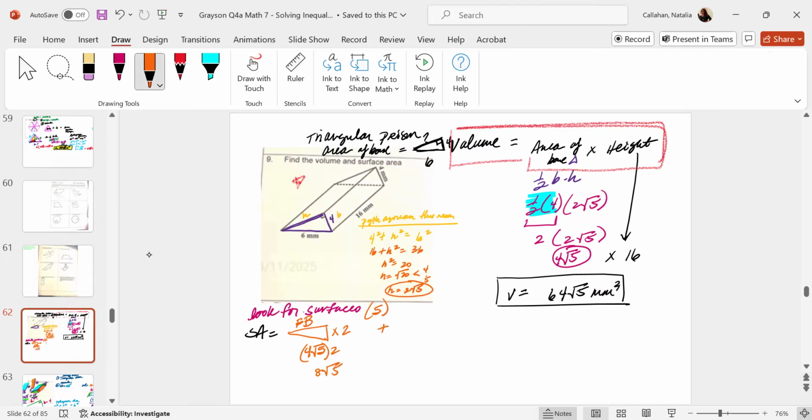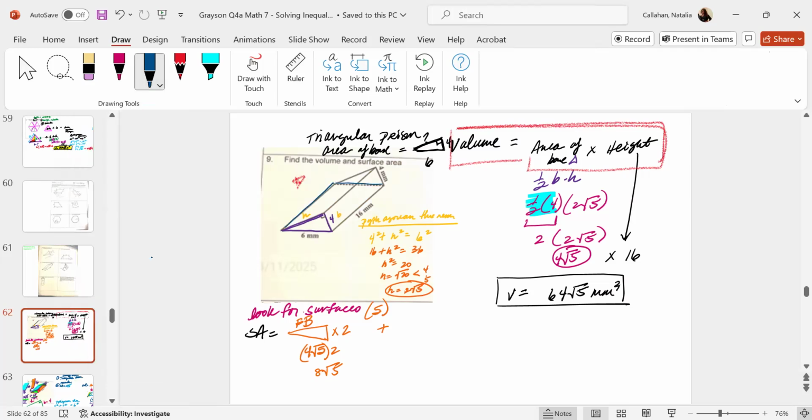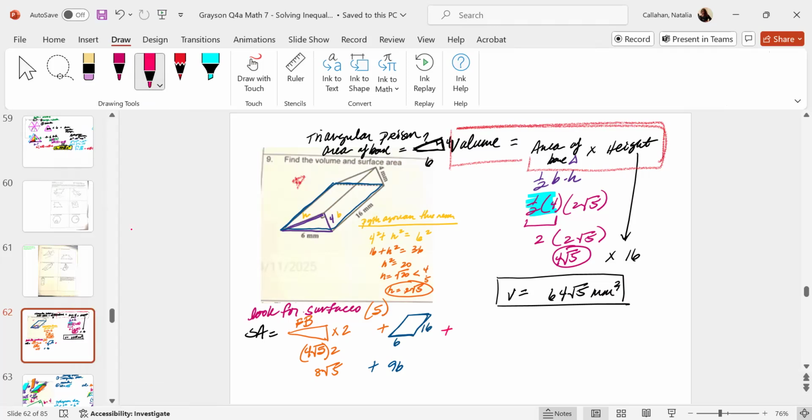Plus, let's look for another face. Do you see this long, big rectangle right here? What's the area of that rectangle? What are the 2 numbers that represent that blue rectangle? What is that going to give you? 96. Good. Then there is this pink rectangle.